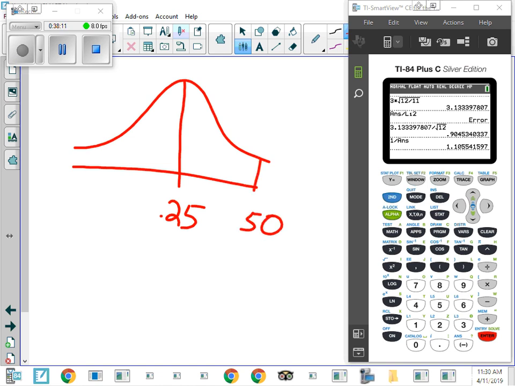Now, if I just told you I'm rolling dice and I'm going to count the number of 2s, I'm supposed to get 25%, but when I did my experiment, I got 50%. Oh, 3 times? Oh, no, it's 50%. 3 out of 6.